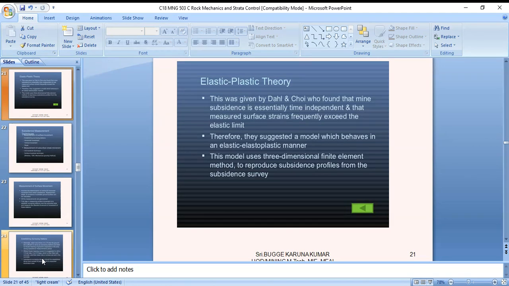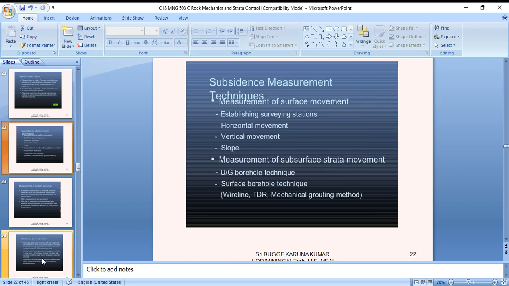This was given by Dole and Cho, who found that mine subsidence is essentially time dependent, and that measured surface strain frequently exceeds the elastic limit. Therefore, they suggested a model which behaves in an elastoplastic manner. This model uses the three-dimensional finite element method to reproduce the subsidence profile from the subsidence survey.